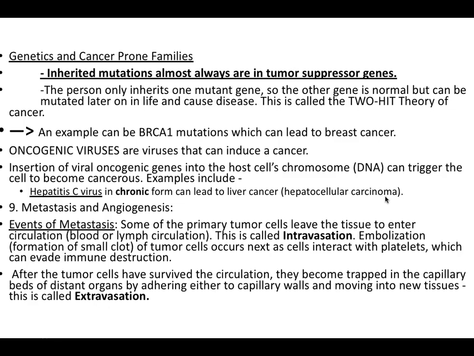They could live their entire life being a hep C positive person and never develop cancer, or they could have the virus integrate into a specific oncogenic gene, and then the person would end up with a hepatocellular carcinoma. So that's a very well-documented example of an oncogenic virus.